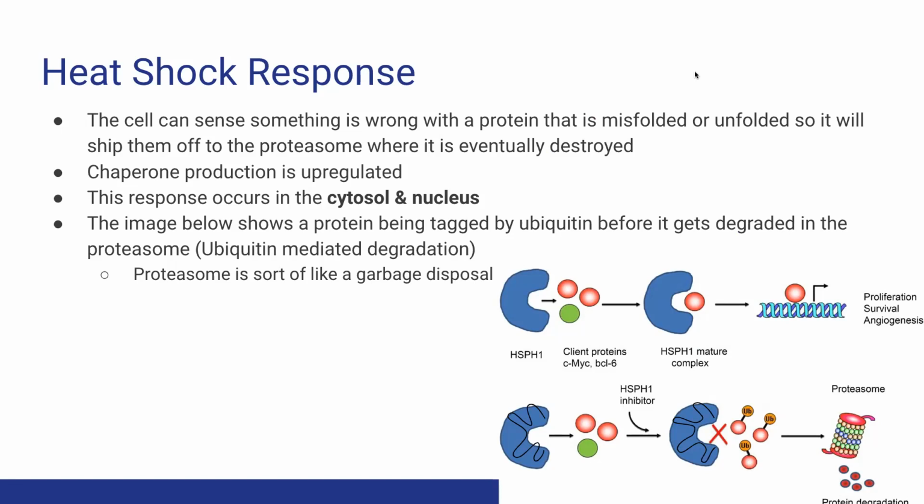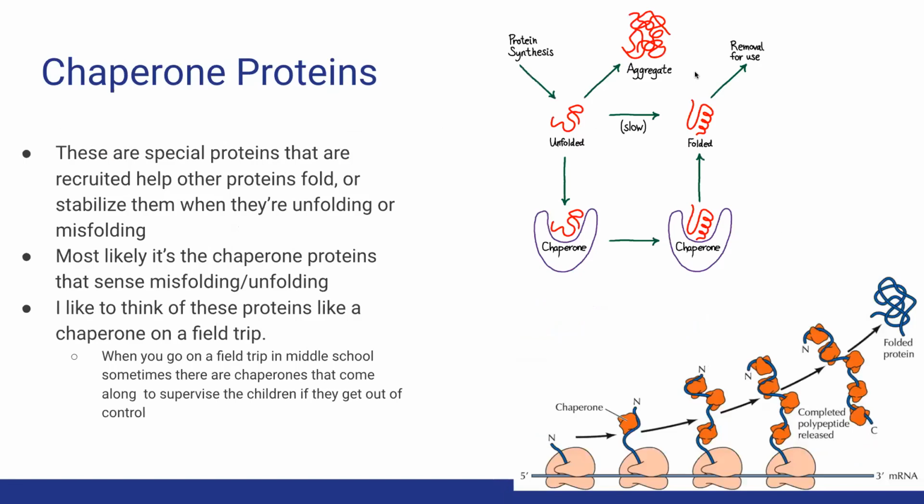So why does chaperone actually get upregulated if it's going to get destroyed? What's getting destroyed? Sorry. Aren't chaperone proteins trying to hold the proteins back together? Yeah, so in the case of the unfolded protein response and heat shock response, you're going to have an upregulation in chaperone proteins.